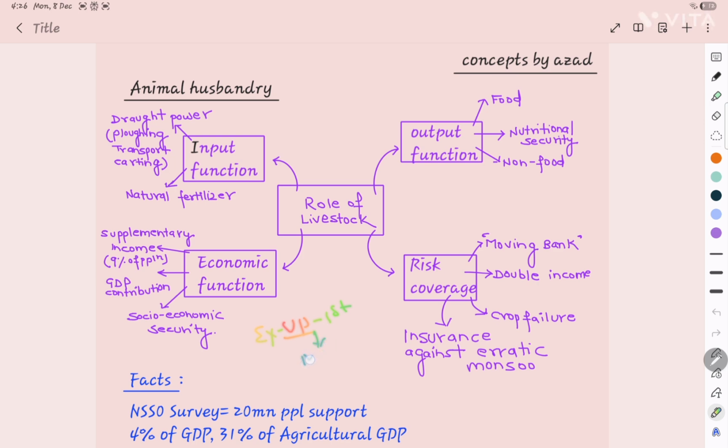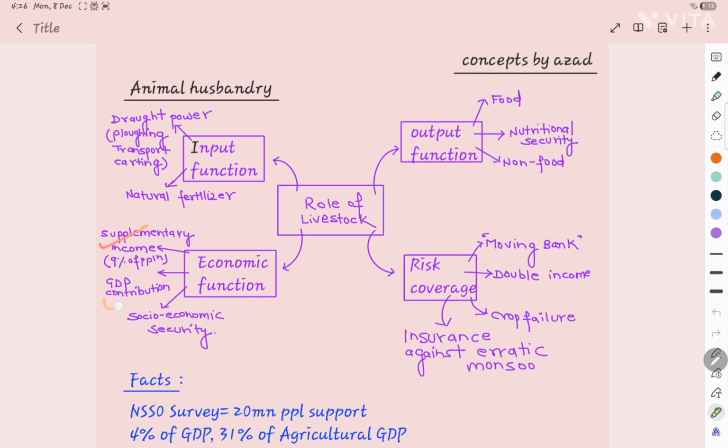Suppose there is a disruption in the farm, or an erratic monsoon, or a crop failure, then livestock acts as a risk coverage. Second, it is a moving bank. For example, there is a marriage in your family and you need money, so you can sell your livestock. It acts as a bank for you. So it is a moving bank.